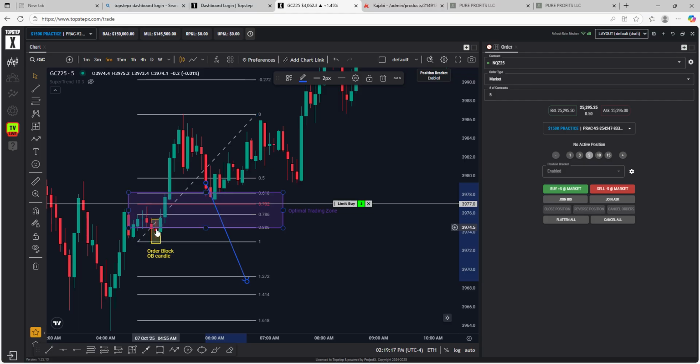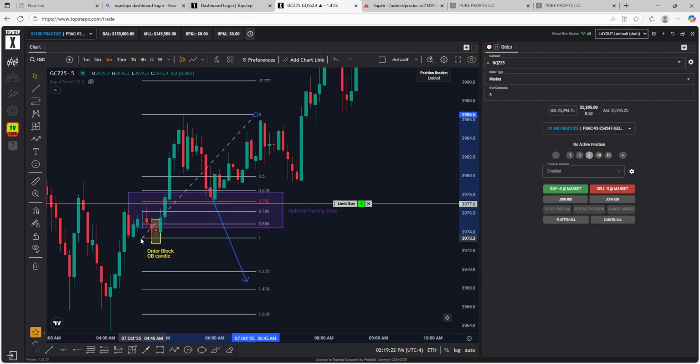So being that this order block is so close to my low, I can put my stop loss here, because if it doesn't respect it, then I know that this chart is either going to make equal lows, which is consolidation and we don't want to trade in, or it's going to break structure to the downside, right?